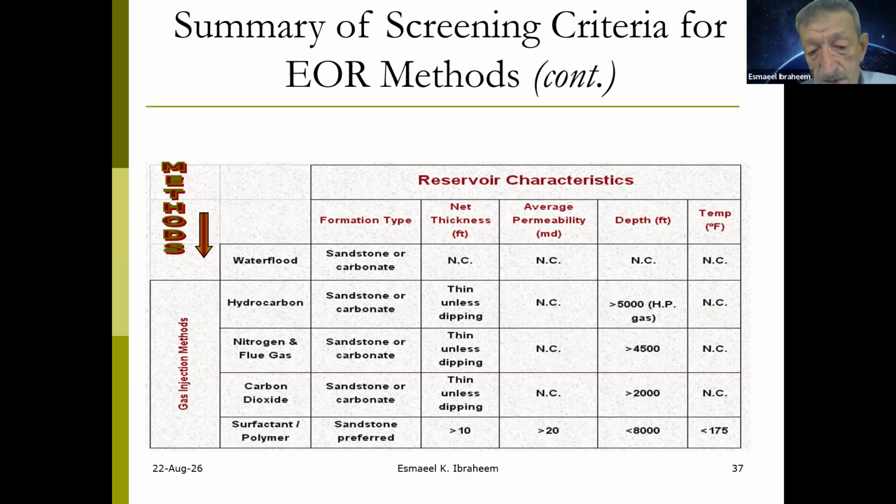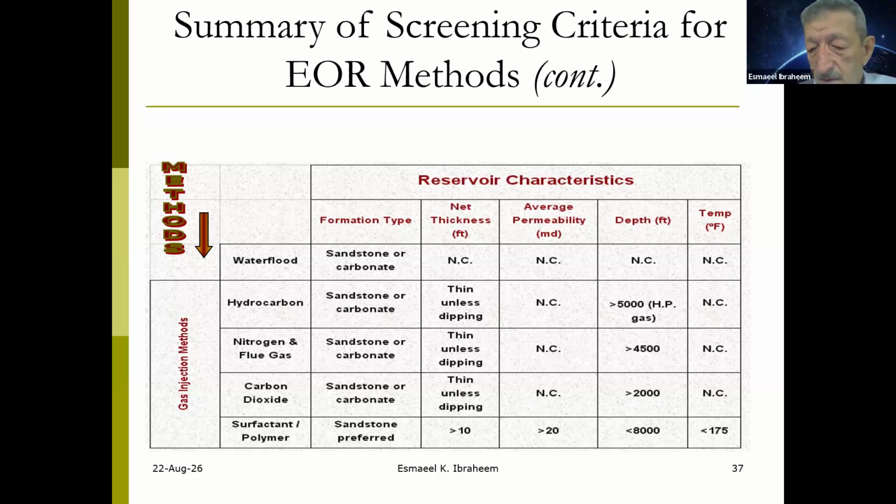Carbon dioxide: sandstone or carbonate is the preferable formation type. Net thickness thin and less dipping. Average permeability is not mentioned or not a characteristic.